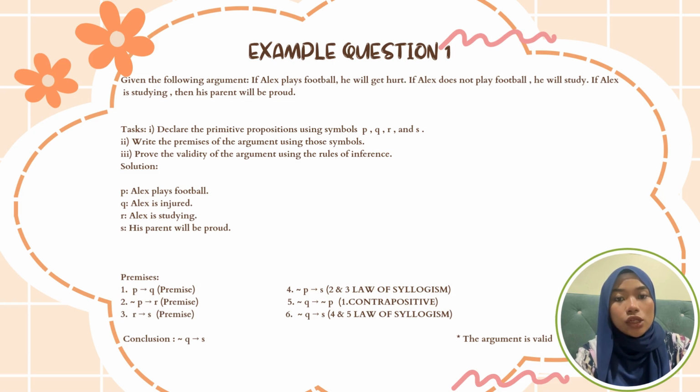We negate and switch the first premise, so we get negation Q implies negation P. For the last one, we get negation Q implies S by using the law of syllogism with premises 4 and 5. So we get that the argument is valid.